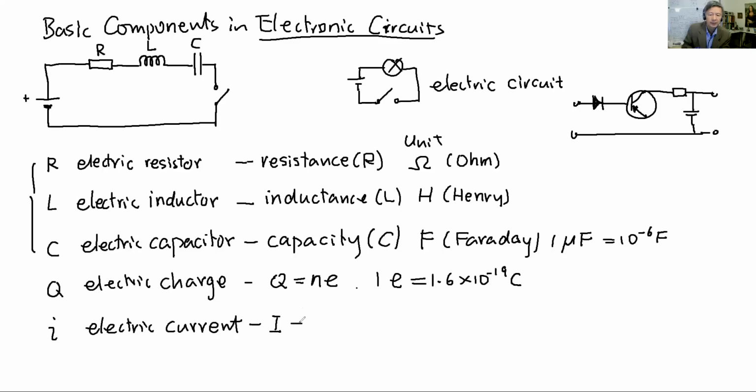So what is I? By definition, I is the quantity of electrical charge passing through a certain cross area per unit of time, delta t. Or if you have learned calculus, that is dq/dt. Remember q can be a function of time.